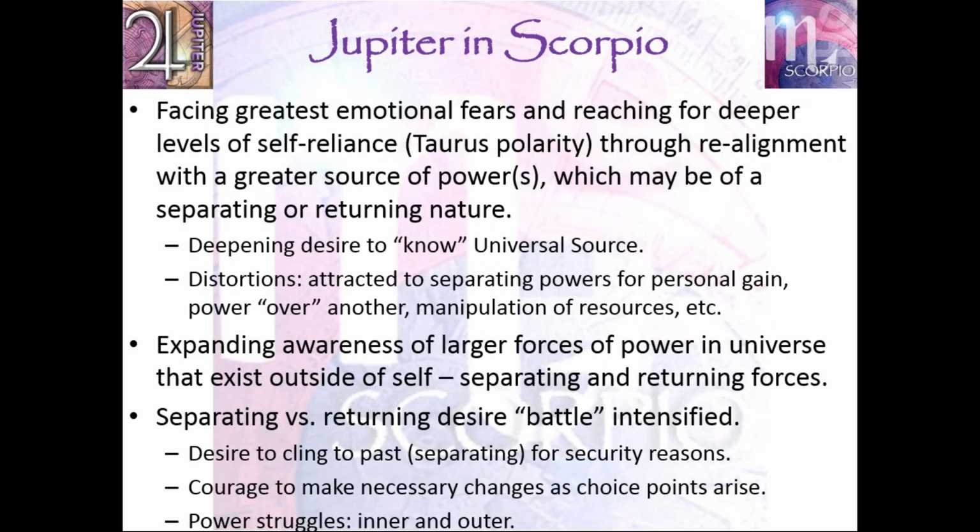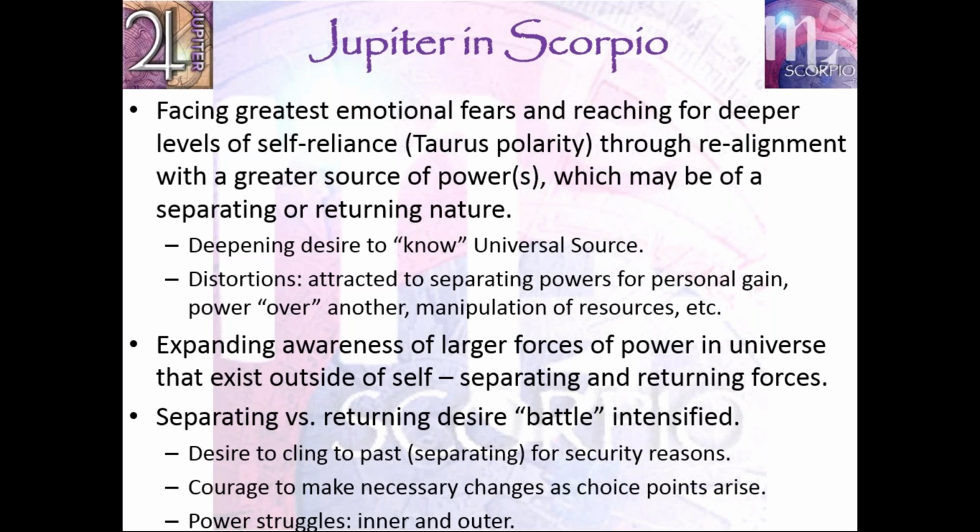Jupiter in Scorpio is where we are going to be facing some of our greatest emotional fears. Water is emotions, element of water. And reaching for deeper levels of self-reliance, that Taurus polarity of Scorpio, and reaching for these deeper levels of self-reliance through realigning with a greater source of power.